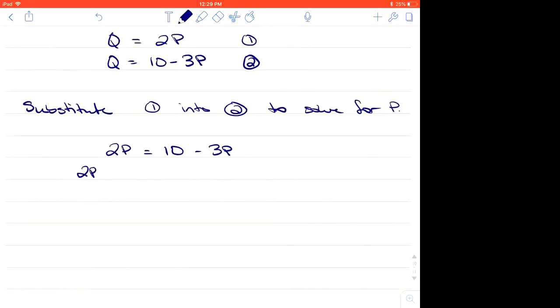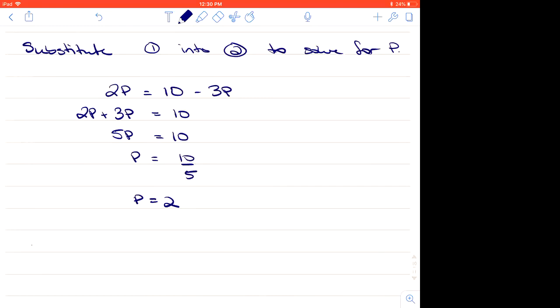So I'm going to do 2P plus 3P equals 10, which means I have 5P equals 10. So P must just be 10 divided by 5, or P is just 2. So at the point of equilibrium, the price of whatever product has to be 2 units.